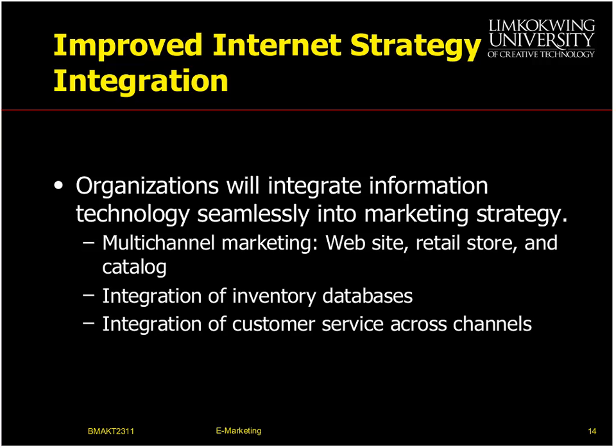Okay, we were talking about internet strategy integration. As you can see, organizations will integrate information technology seamlessly into marketing strategy, and multi-channel marketing, which is website, retailer store, and catalogs, are basic examples of how they're trying to do that.